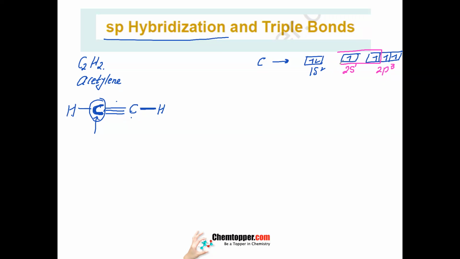Two. What's the name of the hybridization? sp. Whatever number you mix, you get exactly the same number, so I'm getting two. And these two are left as pure p orbitals.